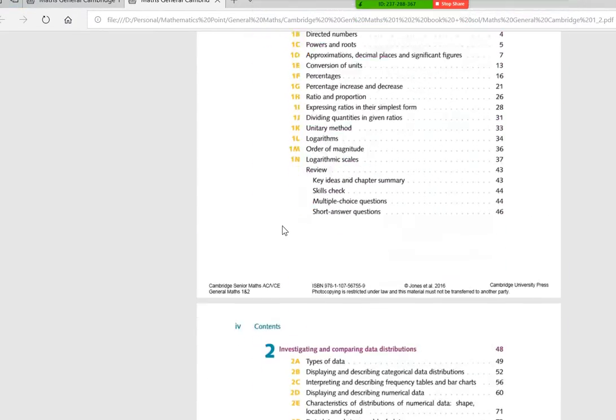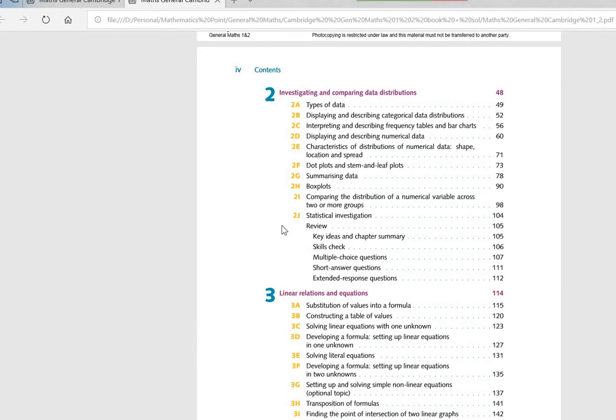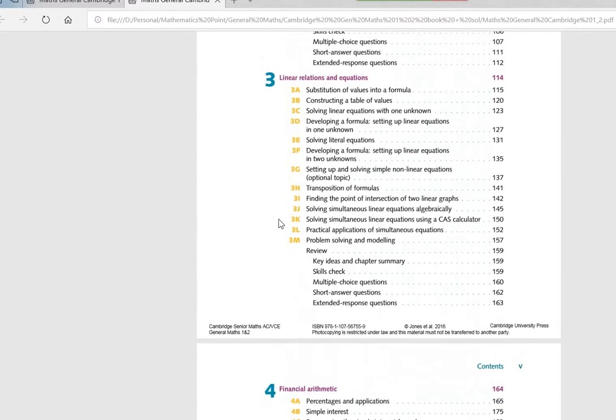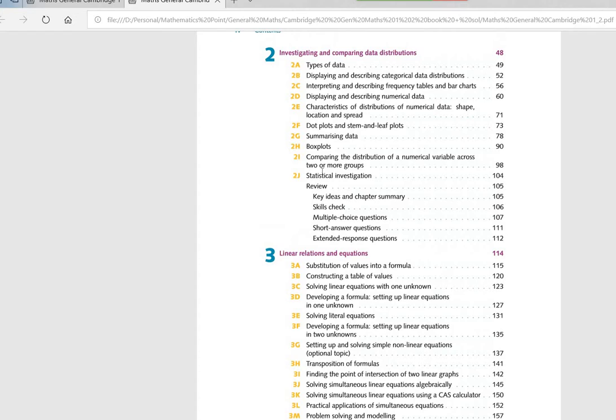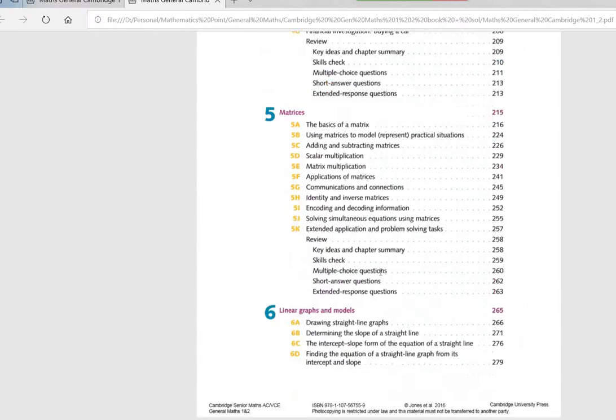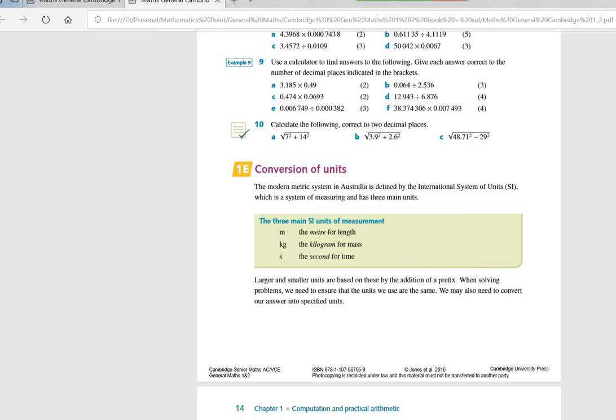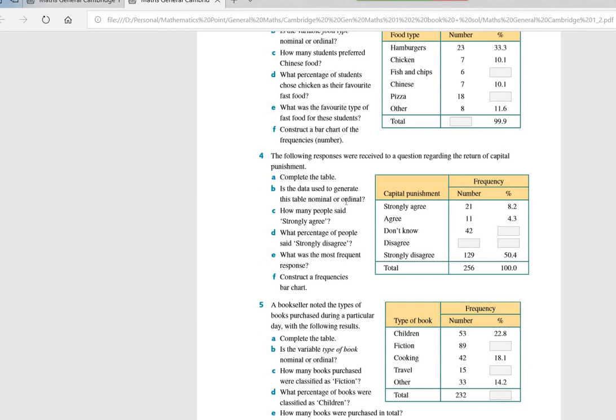Chapter 2, standard deviation. So you want me to jump straight away to standard deviation? Yeah, that would be fine. Okay, so we need to go to page number 98. Page 98.